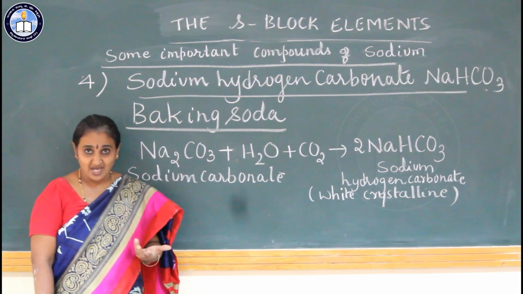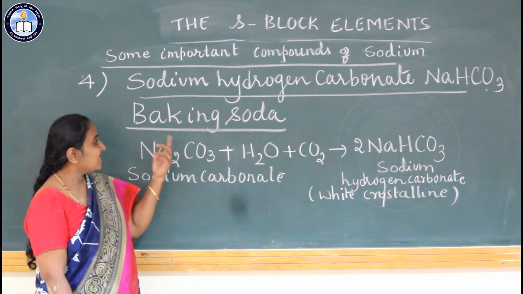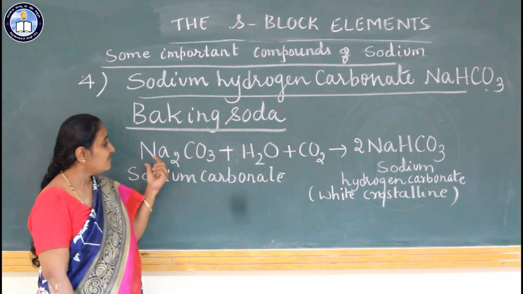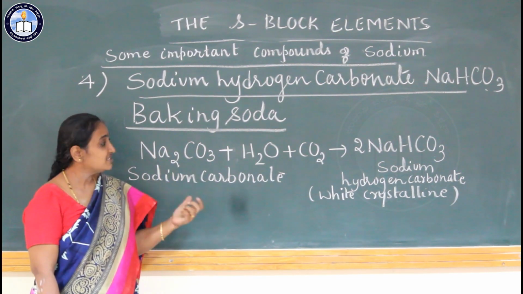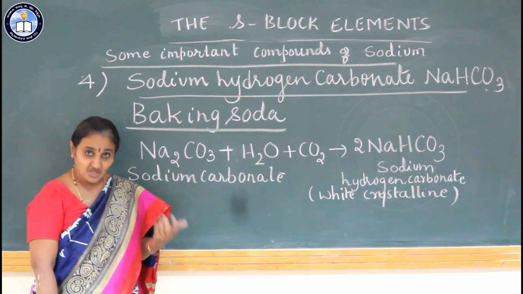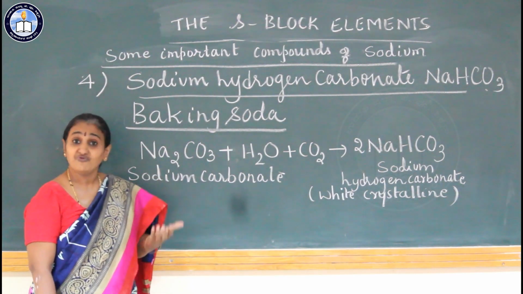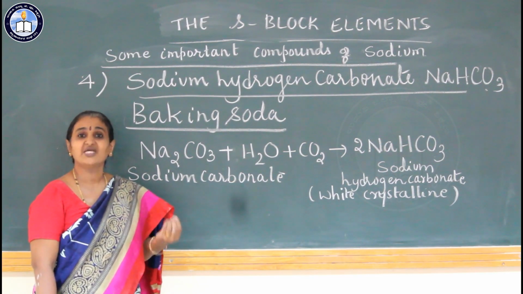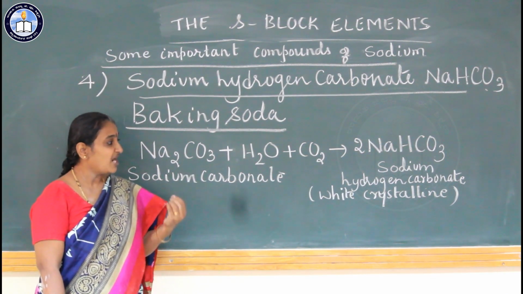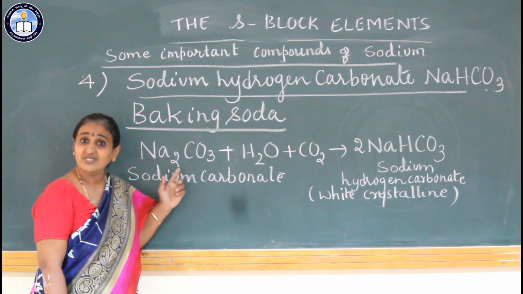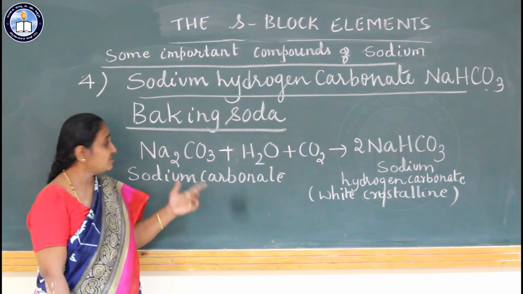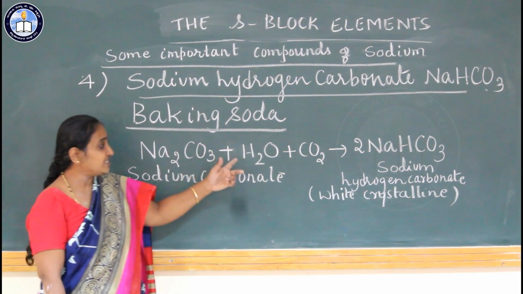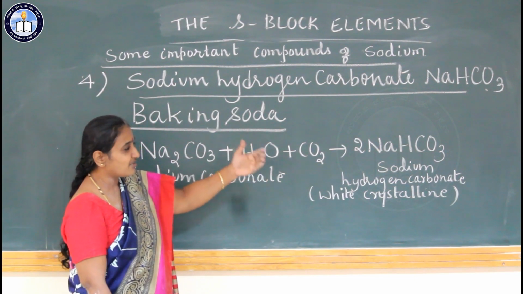Now, how is it prepared? Baking soda is prepared when sodium carbonate is treated with carbon dioxide, and a white crystalline powder is formed, that is sodium hydrogen carbonate. Here is the chemical equation: Na2CO3, that is sodium carbonate, is reacted with water and carbon dioxide.